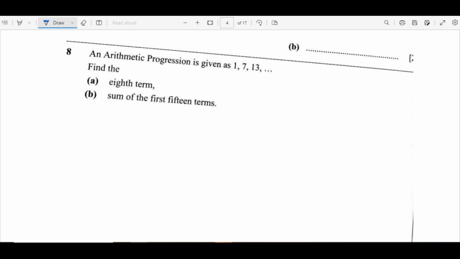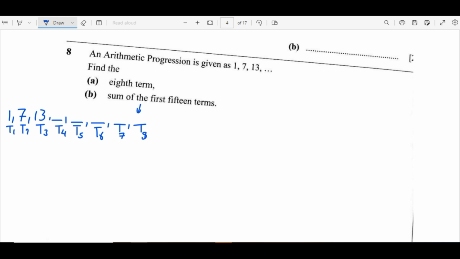Then we move on to question 8, and we are going to consider question 8 as our last question for this video. We have the numbers 1, 7, 13. Find the 8th term. So term 1, term 2, 3, 4, 5, 6, 7, 8.